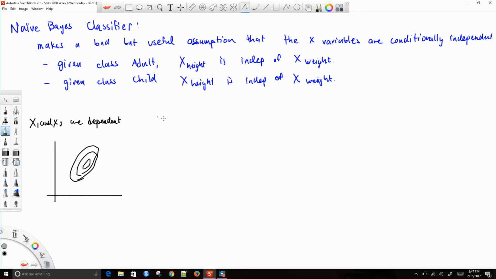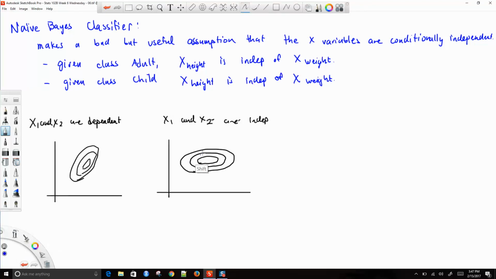If x1 and x2 are independent, then you might get circles or you might get ellipses, but the axes of the ellipse are always going to be parallel to the axes of x1 and x2, right? So you might have something like this.